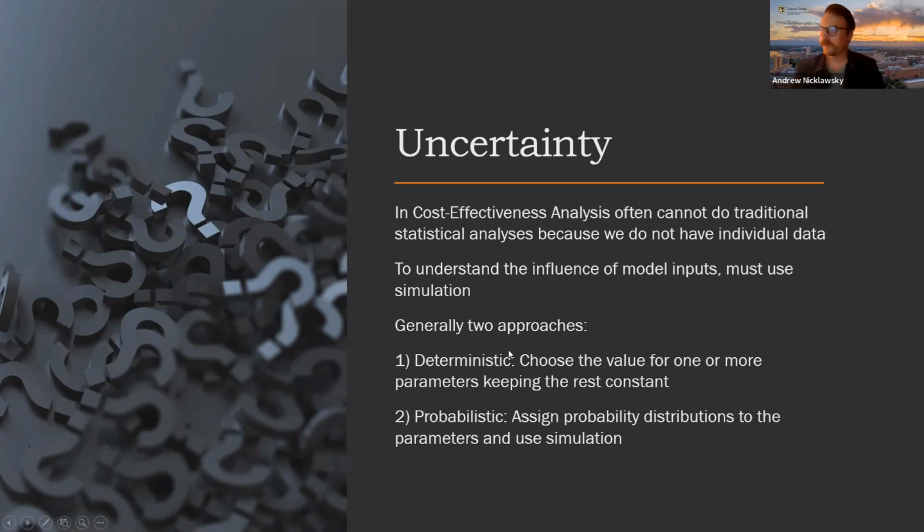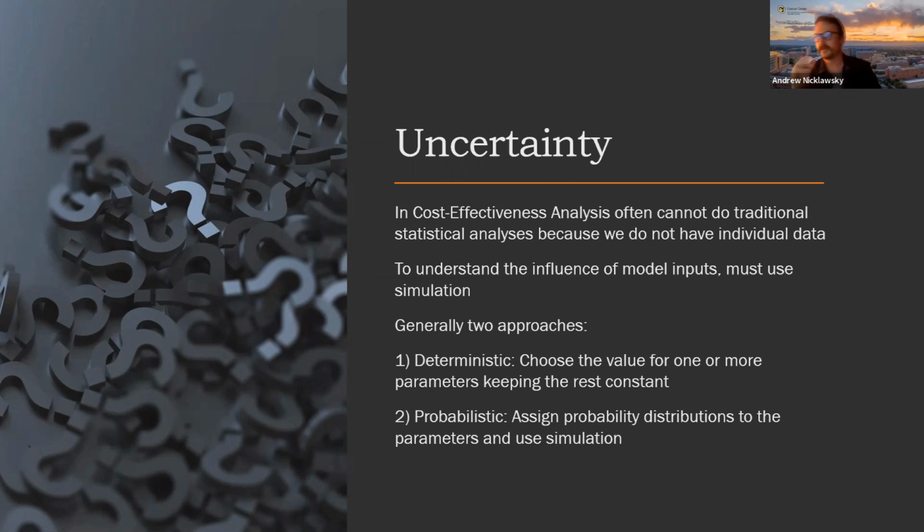So now that we have our ICER, we want to determine how confident we can be in our results. And the problem with cost-effective analysis is we often can't do traditional statistical analyses because we don't have individual patient data. So to understand the influence of model inputs, we must use simulation.